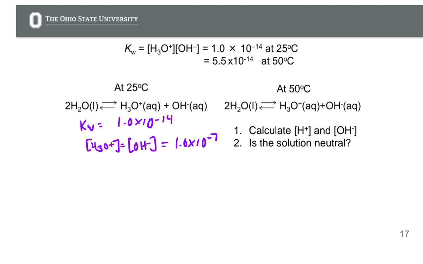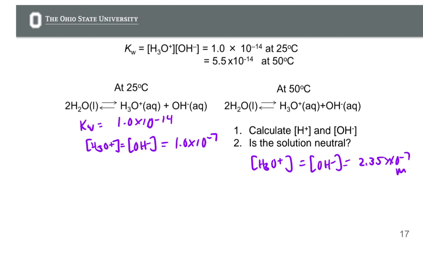All right, what do we get for H3O+, or H+ in this case, and OH-? I got 2.35 times 10 to the minus 7 moles per liter. Anyone got that?